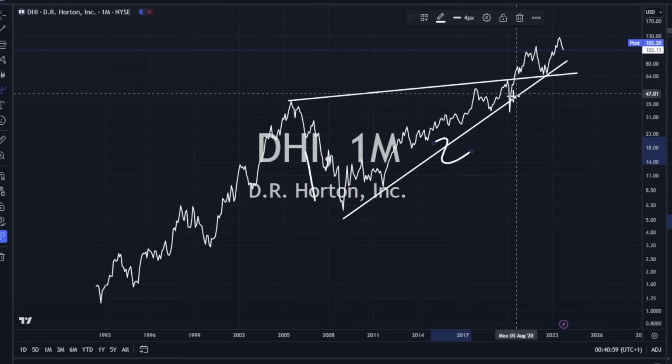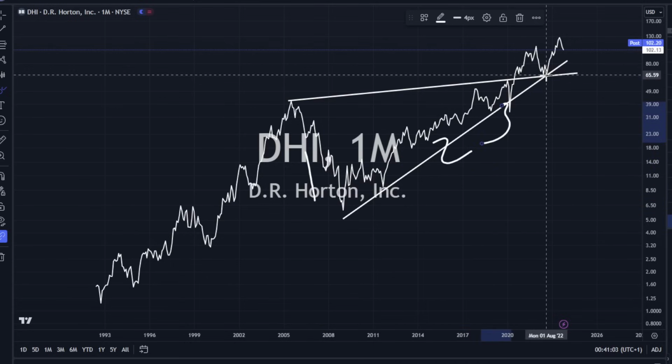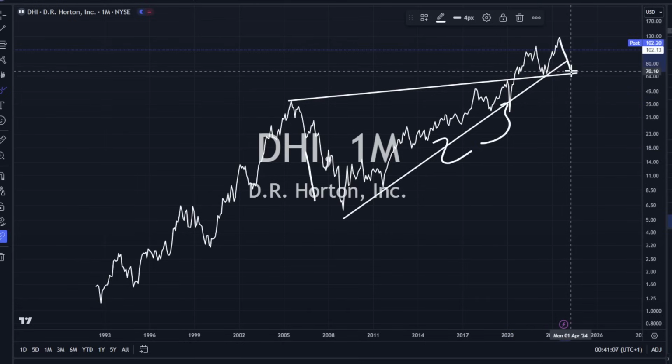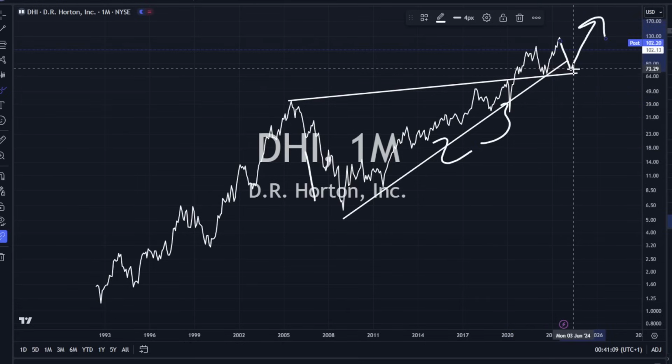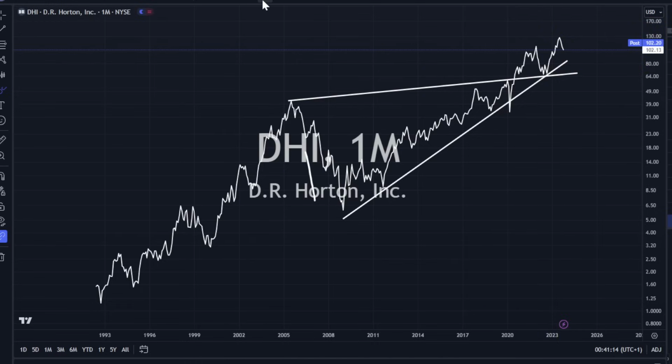This is your 2, and this is your 3. It broke out, did a retest, just like Lennar Corp and all the others, and we're going to hopefully come on up. But we could slow down like this and do another retest. Totally possible. But to me, the cycle looks very strong for home builders.